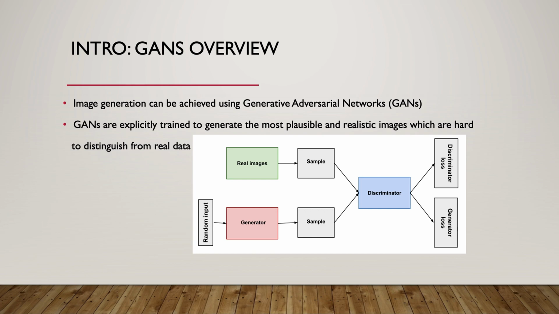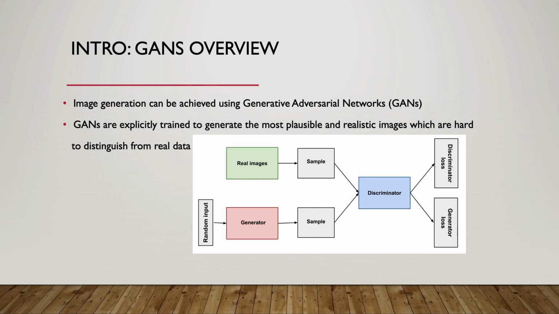The generator's goal is to try to generate fake images, while the discriminator's goal is to distinguish between real face images coming from the real image distribution, and synthetic images produced by the generator.